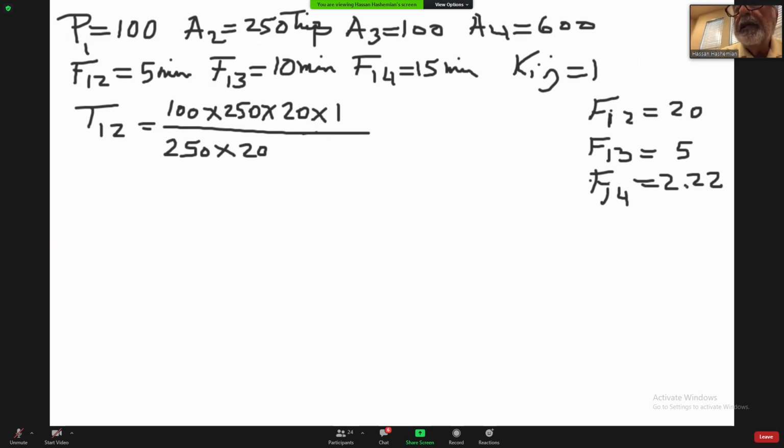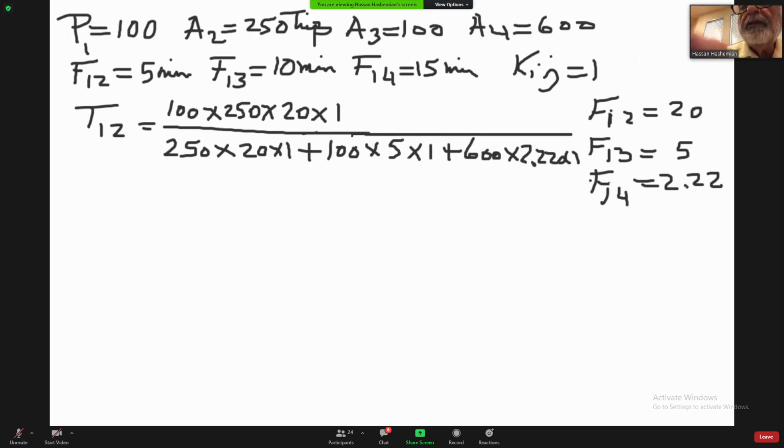So that will be 250 times 1. That's the first term, plus A3, which is 100 times F13, which is 5, times 1, plus A4, which is 600, times 2.22, times 1.